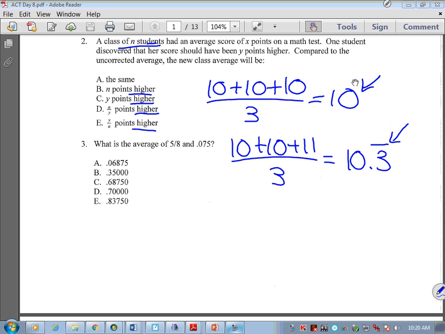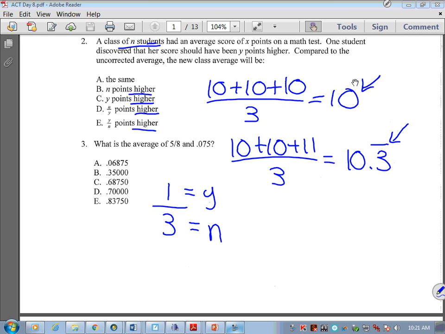Her increase was what? 1 point. How many students were there? 3. Is that the same as the increase? No, it's not the same as the increase. So that would be y over n, because y is equal to our change for that student, and n is equal to the number of students. So y over n is going to be my increase.